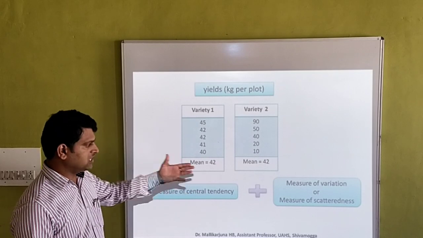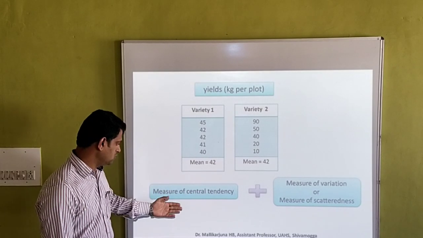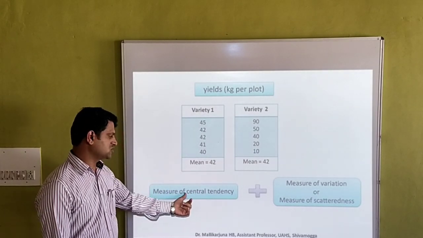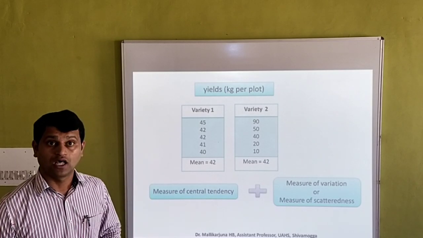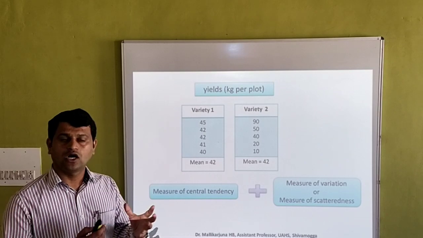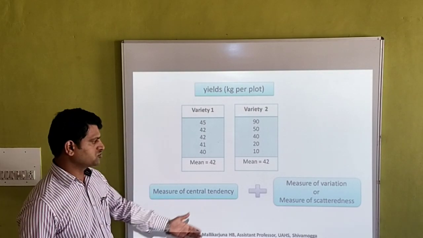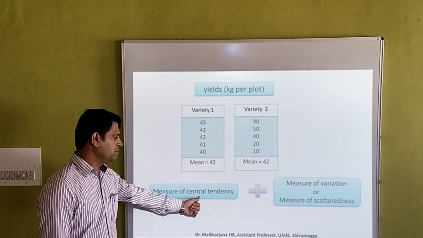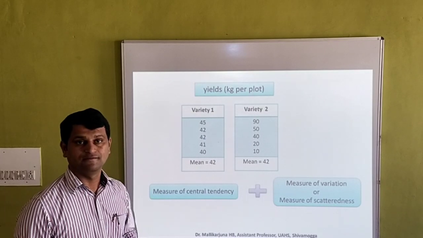Before understanding these concepts, you should watch the details of measures of central tendency in my earlier videos, because every concept is interlinked. Before studying the measure of variation, you should know measures of central tendency.